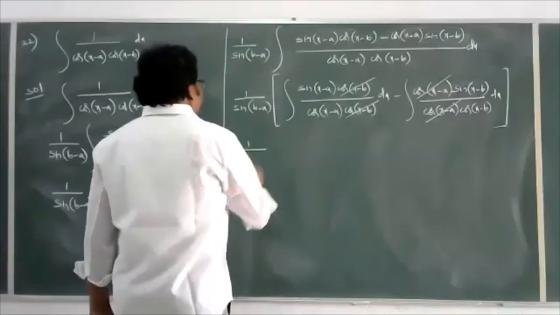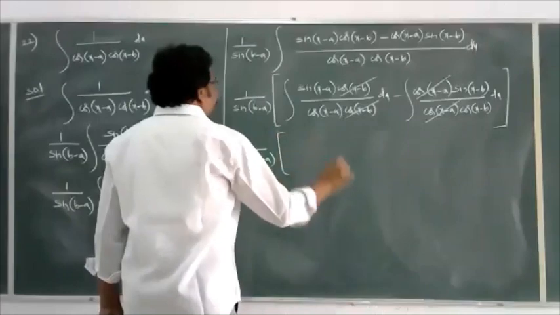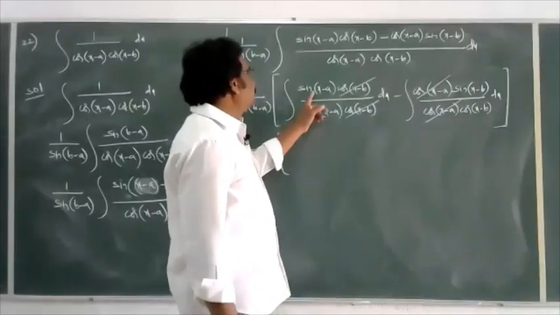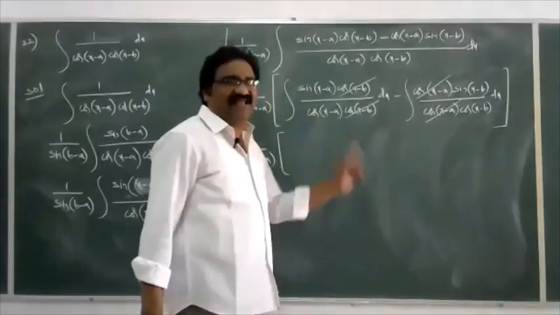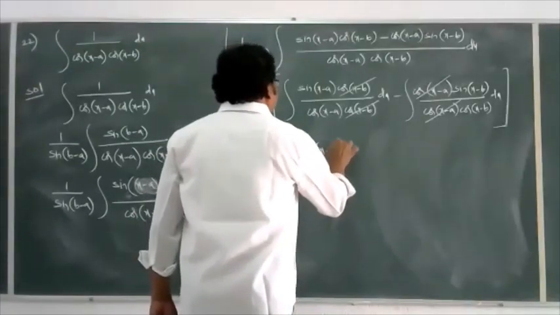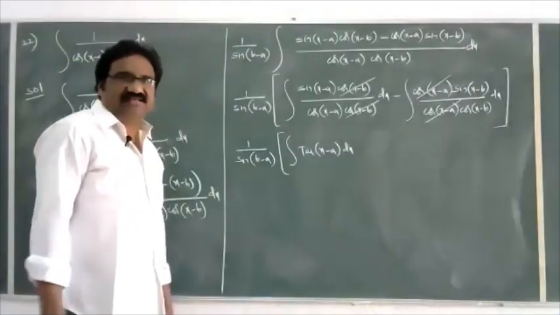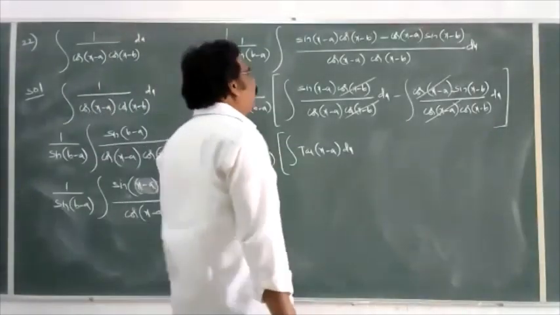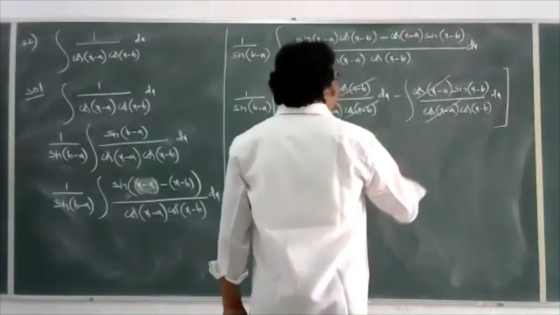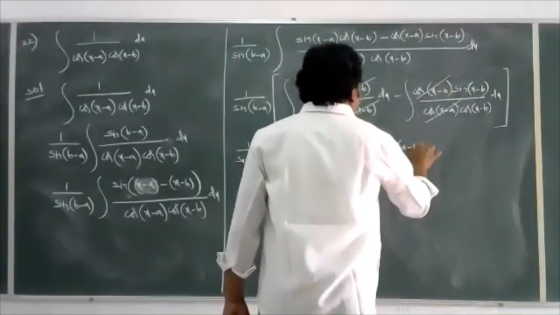Then 1 by sine of b minus a into integral sin by cos is tan, that is integral tan of x minus a dx, minus integral here sin by cos is tan of x minus b dx.